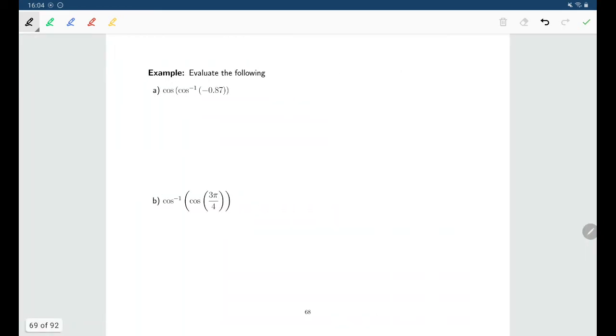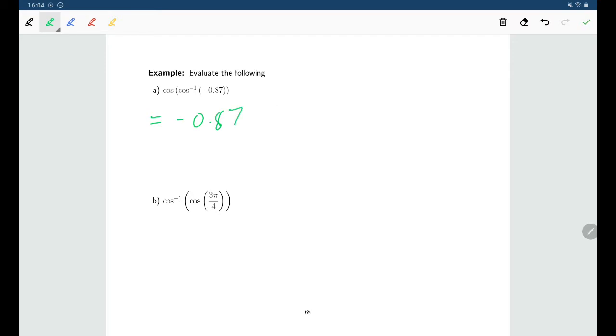So for the very first one, we're doing cosine of cos inverse of negative 0.87. And that for sure is inside the domain of cos inverse. Cos inverse is defined for -1 to 1. So that means that cos and cos inverse should cancel each other out, and we should just have -0.87 as our answer.